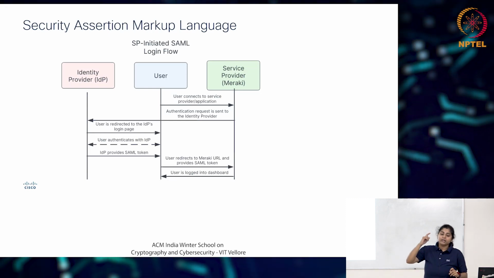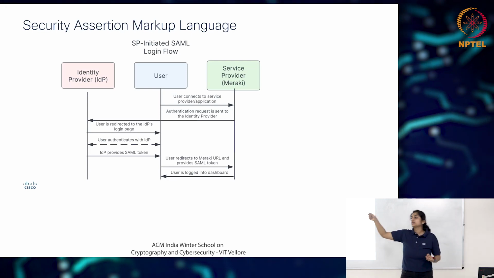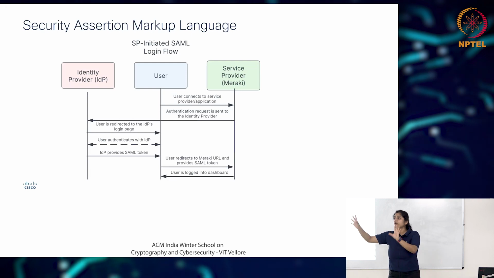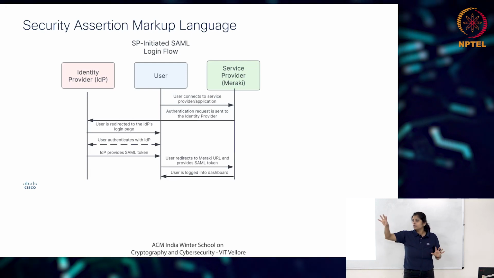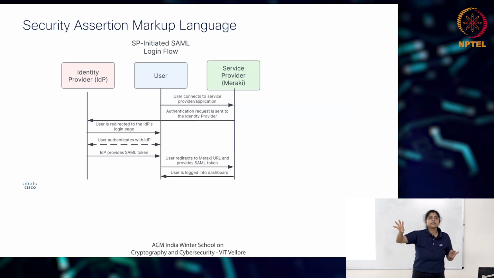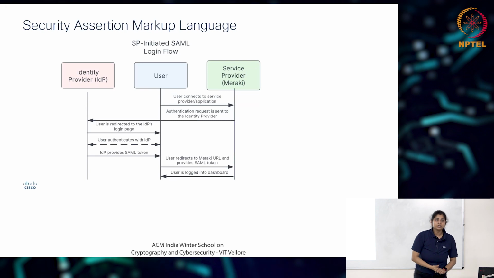And then it is the job of the identity provider to contact the user directly. So your VIT Vellore is not part of the authentication process anymore. You're not giving the load of identity verification or anything to the VIT Vellore admin anymore.